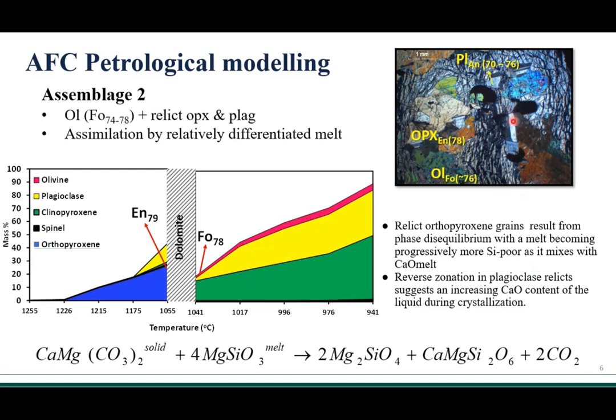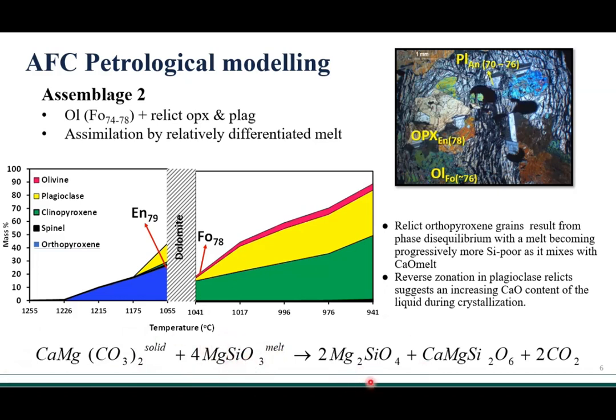So basically this means that the melt is becoming calcium rich, or there's an addition of a water component in the melt. Here I showed a typical reaction of what would happen if we had assimilated dolomite and then we'd have orthopyroxene in the liquidus.